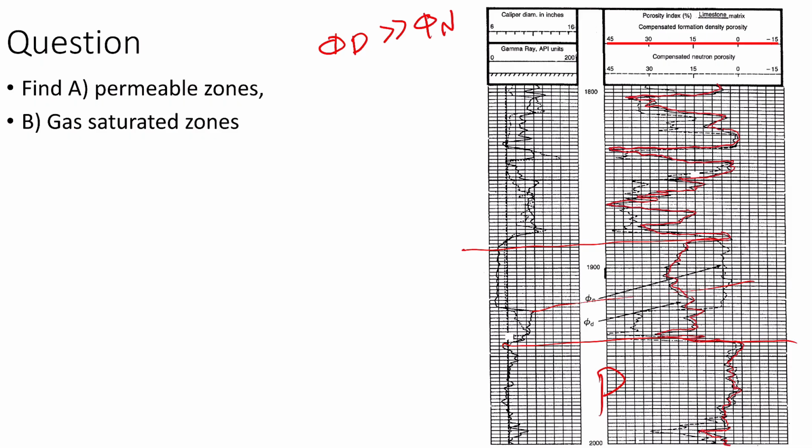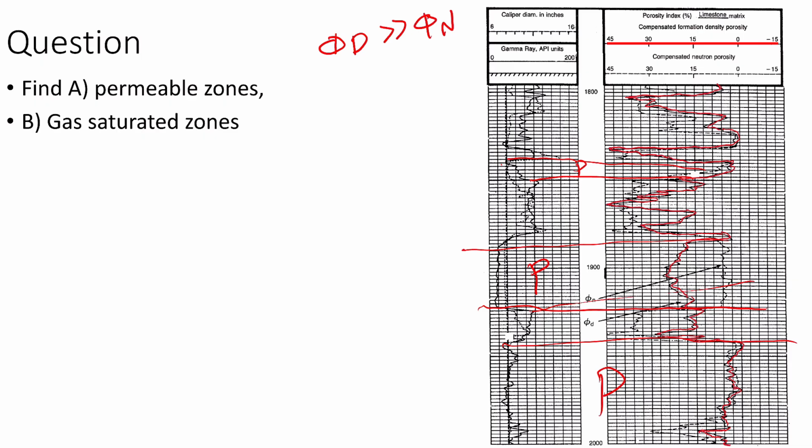Also, this zone is permeable, and I can say that this zone is permeable too. How am I able to identify these permeable zones? Based on the gamma ray reading. The gamma ray is a little bit low, so I can consider these zones to be permeable.